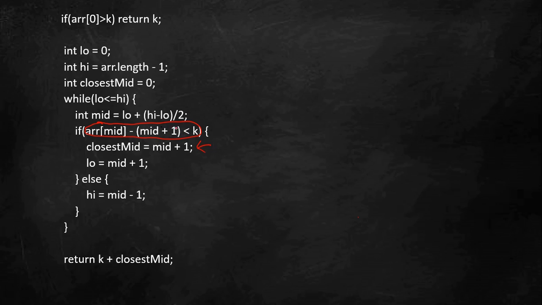If that is the case, then my closest index is mid plus 1. We are doing plus 1 because it's a 0 index, so we need to increment by 1 to make it 1 indexed. So we are doing the exact same thing that we did earlier, but here we are using binary search to divide by 2 every time. So we are doing a log of n operation here.